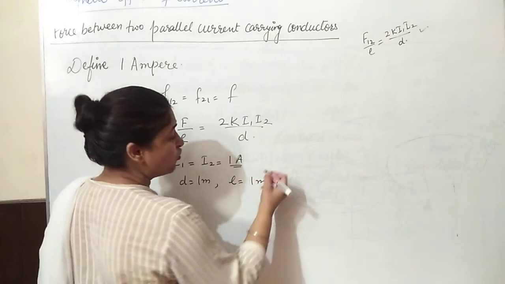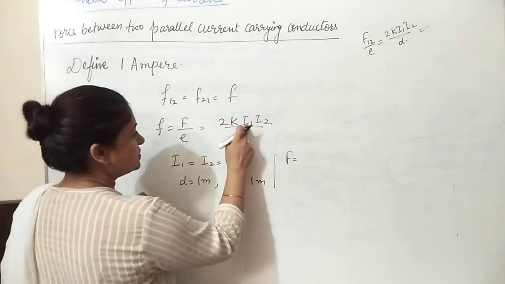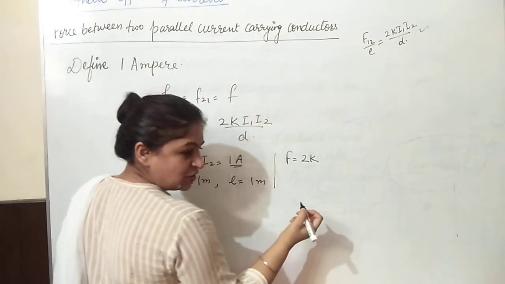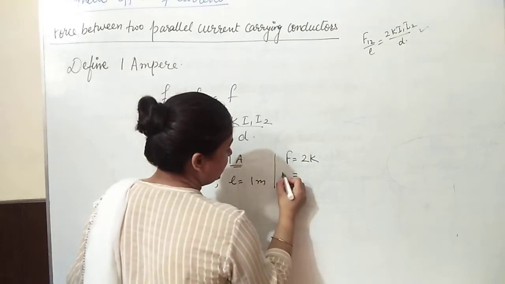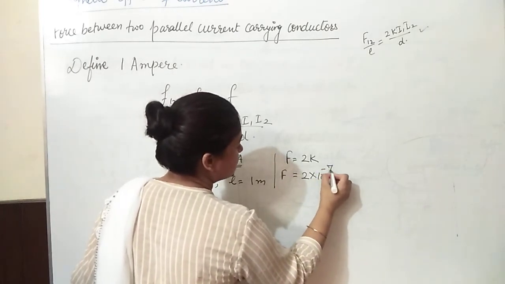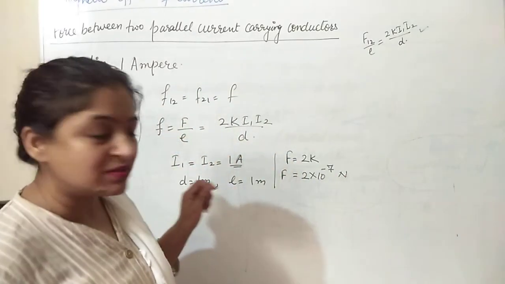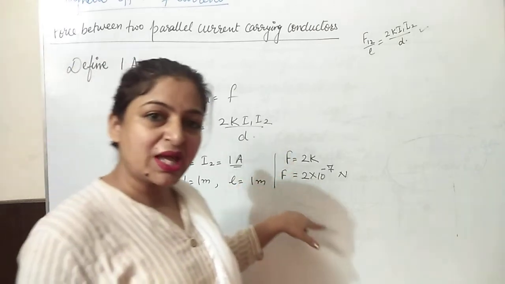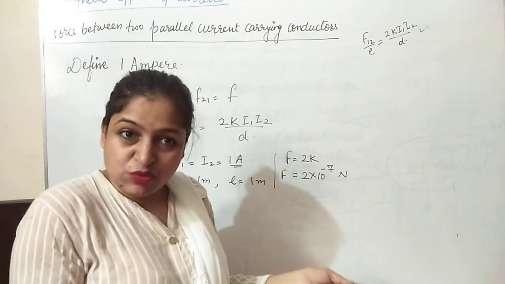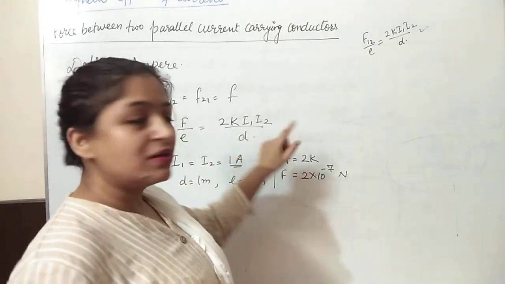So what would be the force then? This is 1, this is 1, this is 1 and this is 1. Force is 2K. And what is the value of K? 10 raised to power minus 7. So the force would be 2 into 10 raised to power minus 7 Newton. This much force must be exerted between the two current carrying conductors if their length is 1 meter, the distance between them is also 1 meter, and the currents are 1 ampere.